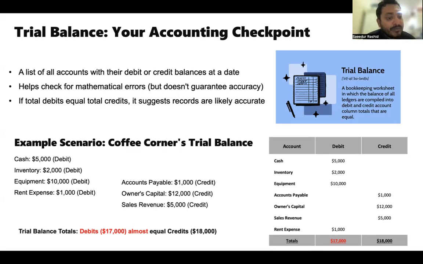We may still have errors in our records, like accidentally entering an incorrect amount or assigning a transaction to the wrong account. Therefore, it's crucial to perform additional checks and reconciliation to ensure data validity. However, a balanced trial balance is a strong indicator that we are on the right track with our financial record keeping.